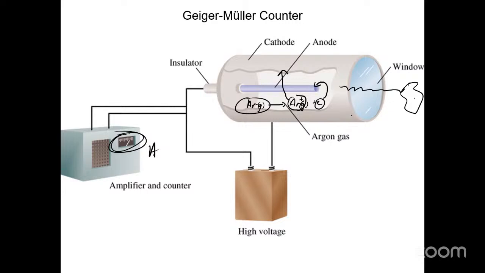That's how you determine the activity of a particular radioactive material, and then you can use that to do whatever type of calculation is required. For example, radiocarbon dating, we're going to see some examples of that as well, all right? So that's how the Geiger counter works.